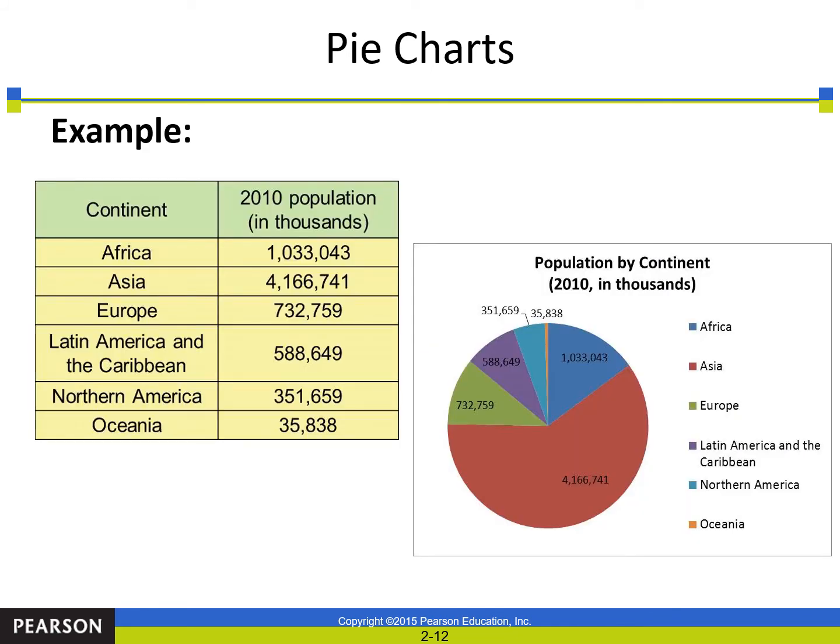Here's another quick example of the usefulness of pie charts, where we have a table that gives us information about the population in 2010, which is listed in thousands for 6 different continents. Now, if we just take a look at the table, it's very difficult to get the big picture of how big each population is relative to the rest.